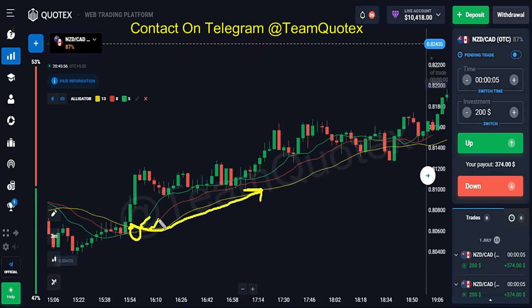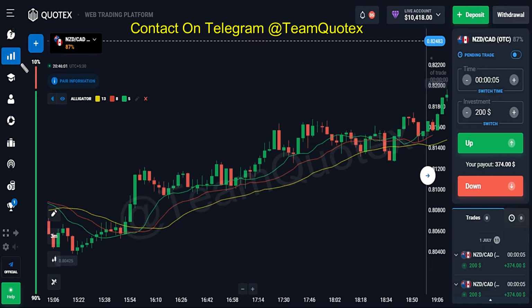When they are coming, then we can trade in the up direction, because the trend is also in the up direction since both lines are up. But for a sure shot trade, we need a crossover, and both lines should cross your yellow line as well in the up direction.